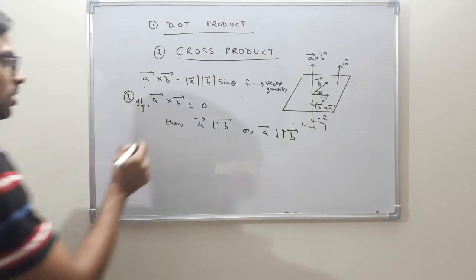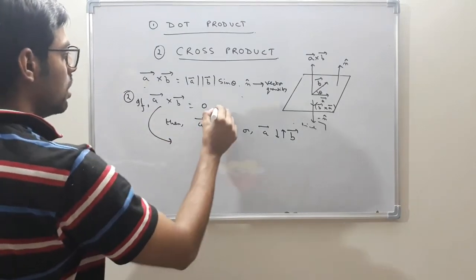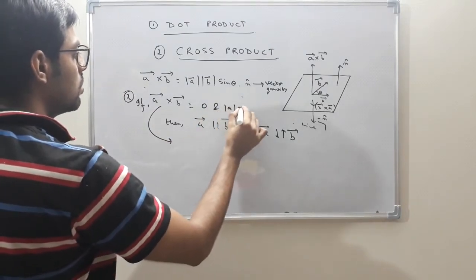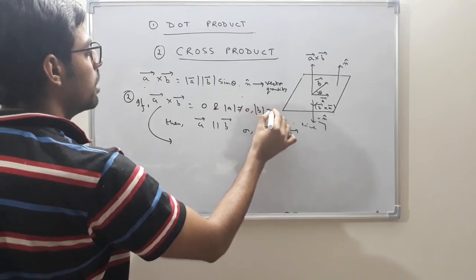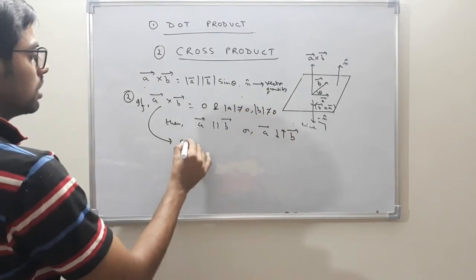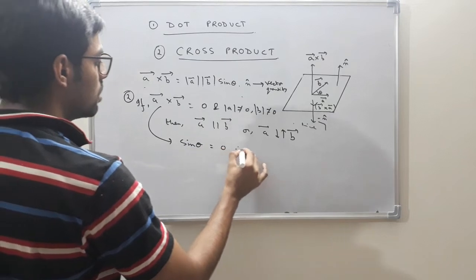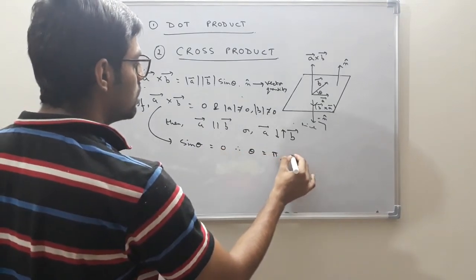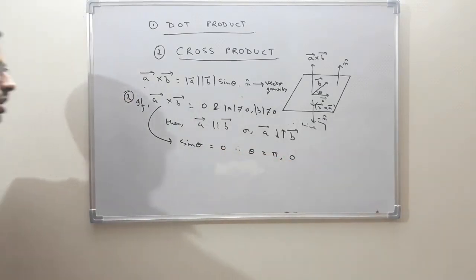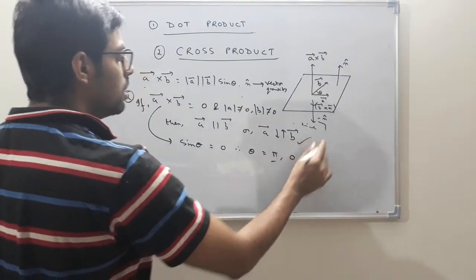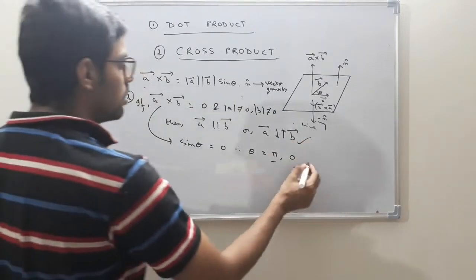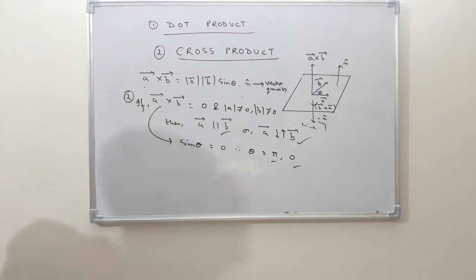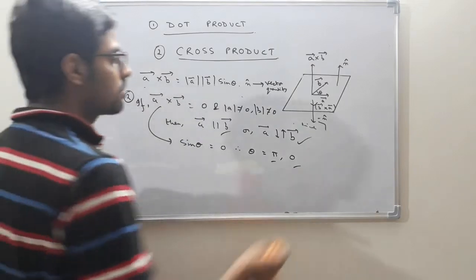If A cross B equals 0 and mod A is not equal to 0, mod B is not equal to 0, it is given to you, then what will be 0? Sin theta equals 0. Therefore, theta equals pi or 0. Theta can be either pi or 0. If theta is pi, then A will be anti-parallel to B vector. If theta equals 0, then A vector will be parallel to B vector. Okay, so it is an important point.